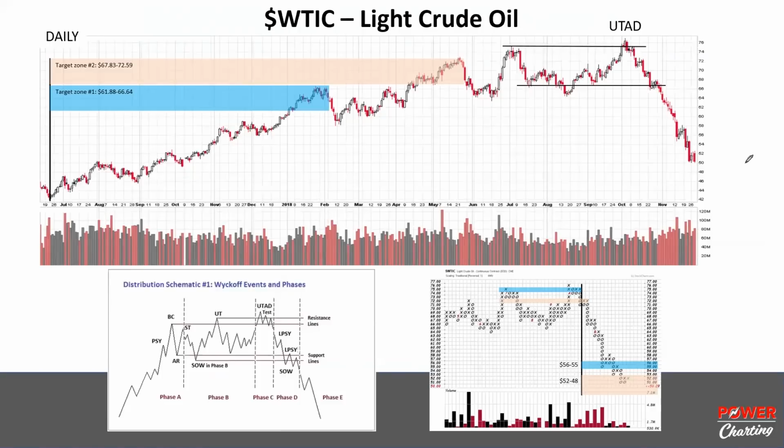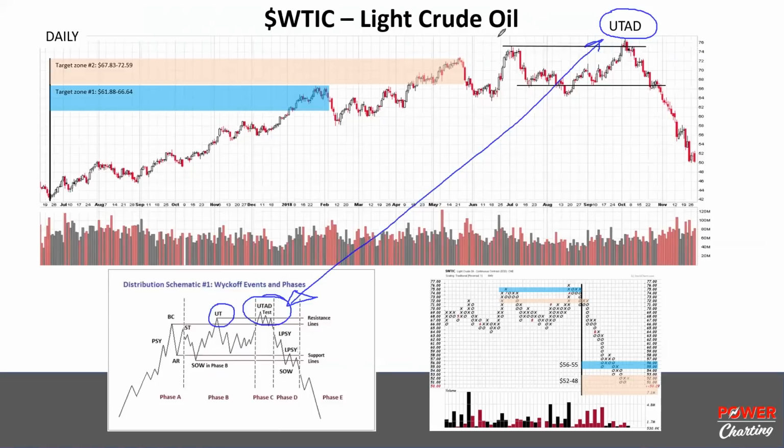But here you can see that at the conclusion of the distribution area, there is what we refer to as an upthrust after distribution. You can see on the schematic that there is an attempt to go up, and in fact the schematic is very close to what actually happened with crude oil. There was an upthrust in the middle of the structure, and then finally an upthrust after distribution.